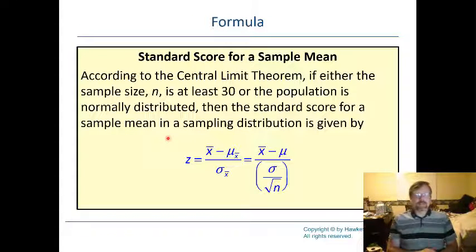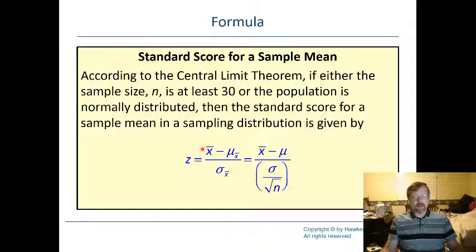So the standard score for a sample mean is essentially we take what we know about the standard score. You know, z is x minus mu over sigma, and we plug in the new appropriate values.